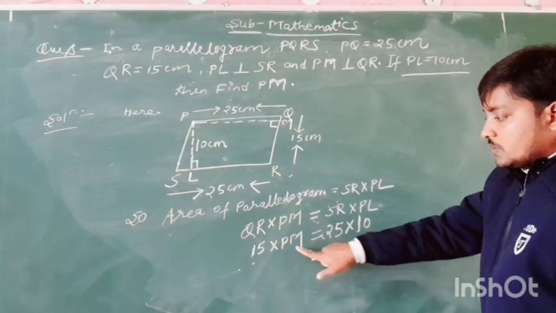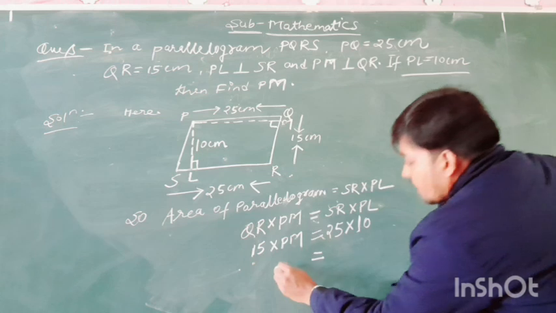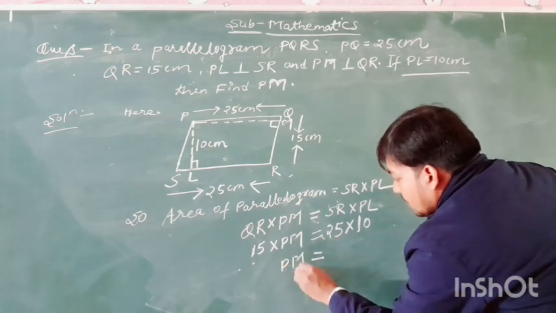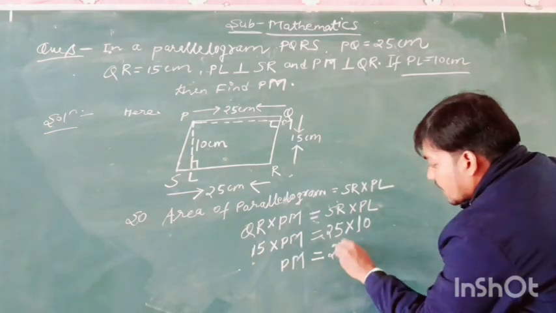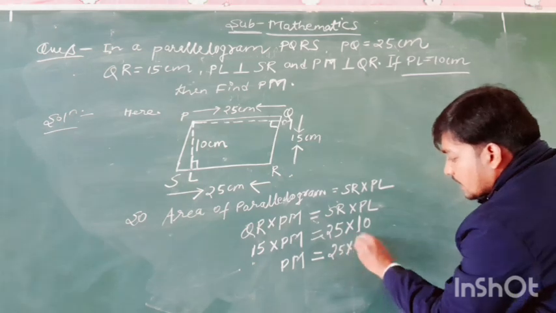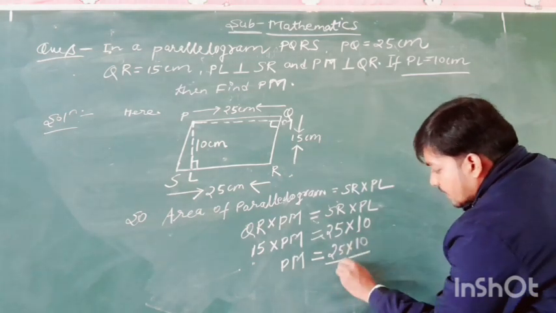So here we have to solve for PM. PM is equal to 25 into 10 upon 15.